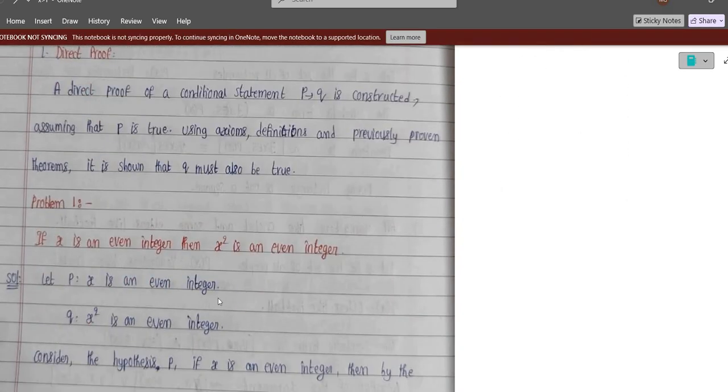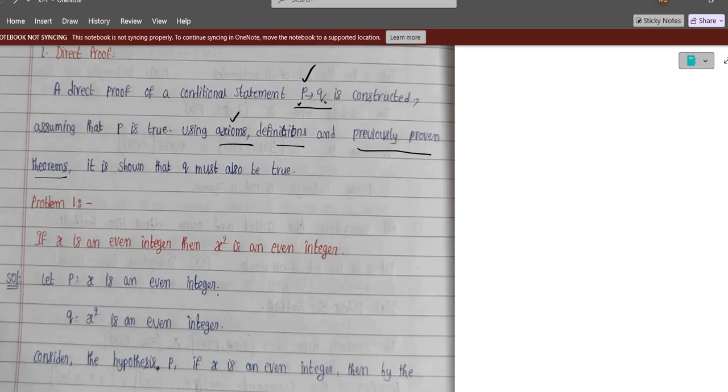In the direct method, observe a direct proof of a conditional statement. A conditional statement, P implies Q, is constructed assuming that P is true. So we take P as the given statement. We want to prove Q. While proving this statement, we are going to use some axioms, definitions, and already proved theorems.